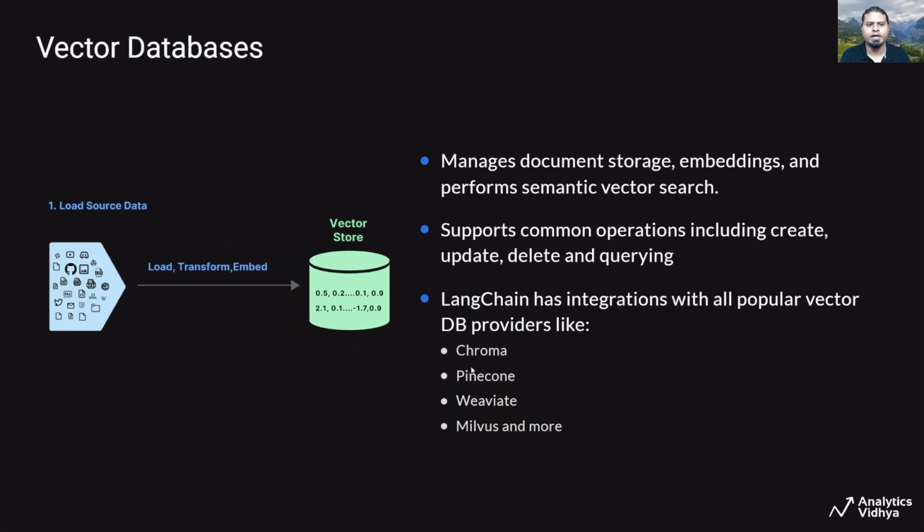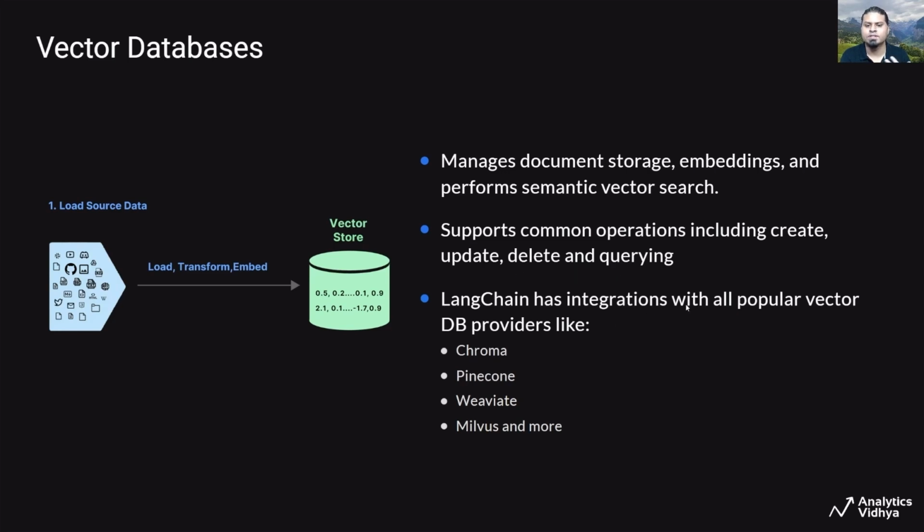What do we do once we have the embeddings? So once we have the embeddings, the idea is to store these document chunks and embeddings into a vector database so that we can do very fast querying and lookup in the future. So that's what a vector database tries to do. It manages document storage, embeddings, and helps in performing semantic vector search. It supports common operations, including creating, updating, deleting, and querying.